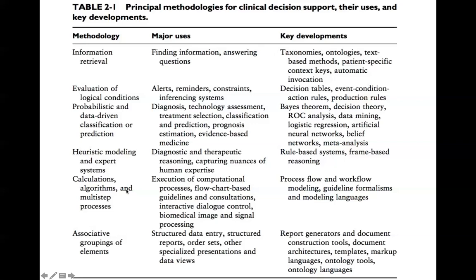Then we have calculation algorithms and multiple-step processes. In the hospital, we can execute computational processes, flowchart-based guidelines and consultation, interactive dialogue control, and biomedical image and signal processing. This will go through process flow and workflow modeling, guideline formalism, and modeling languages.